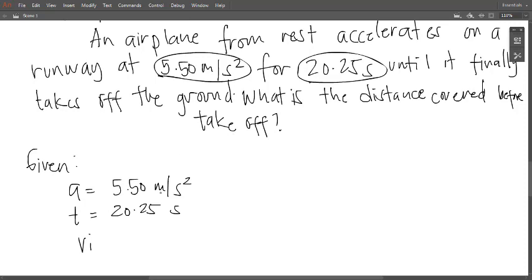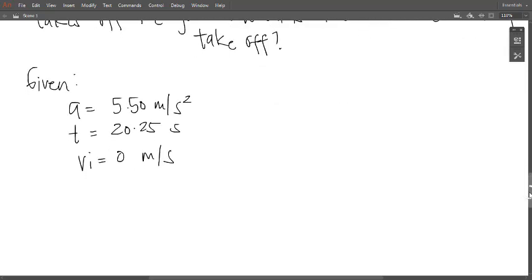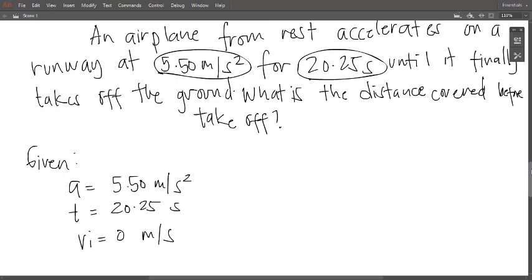which is considered as 0 meters per second. So this is the initial velocity, which is 0. So what we'll be finding is, it says, what is the distance covered before takeoff.